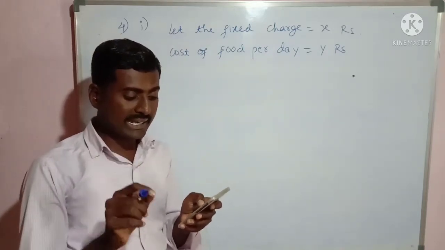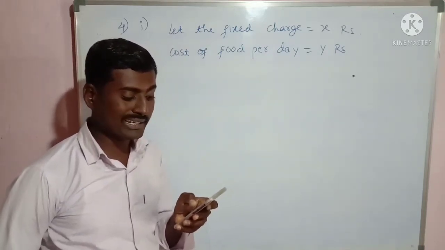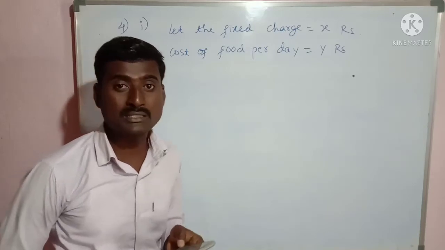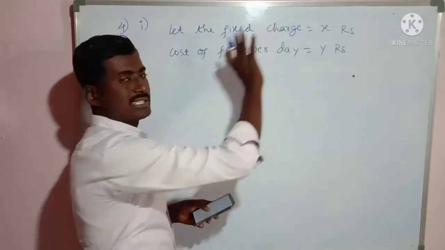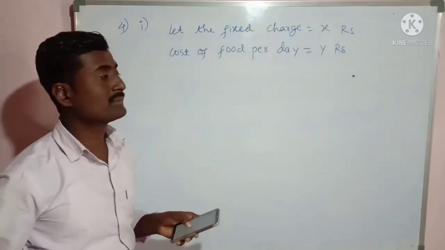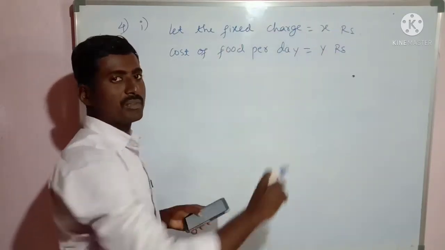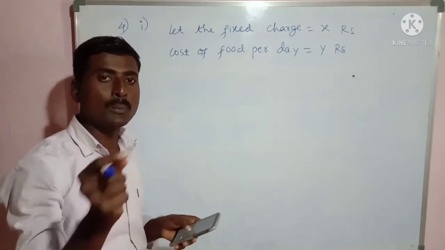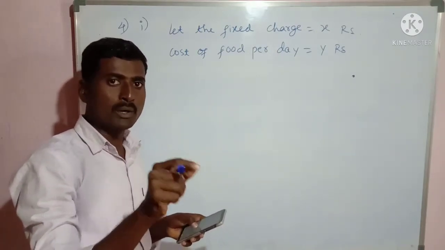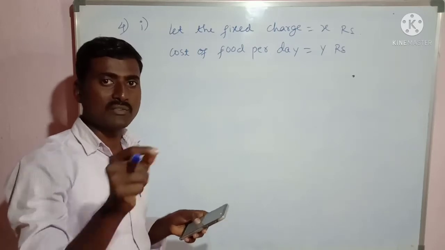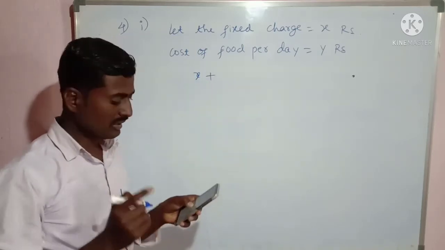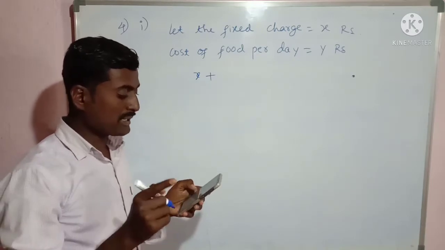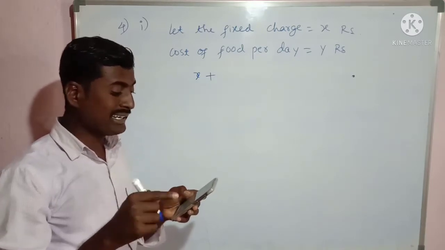Now we come to the statement once again. Student A takes food for 20 days. She has to pay rupees 1000. So this is fixed. Already we solved this type of problems in the previous classes. This is fixed. For any extra days, we have to pay the amount for that extra food. So x plus 20y, the student A pays 1000 rupees for 20 days.